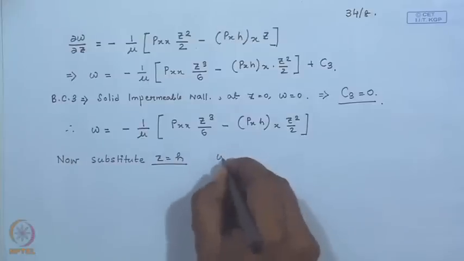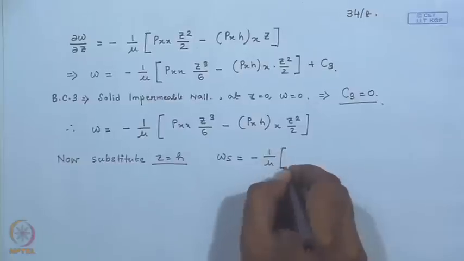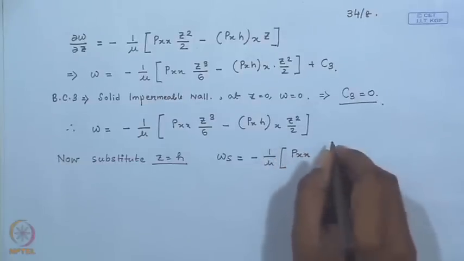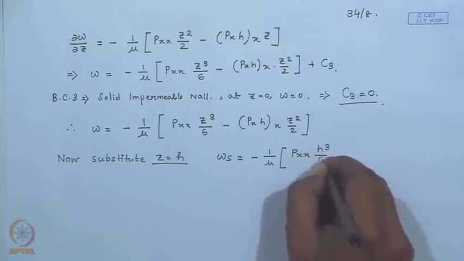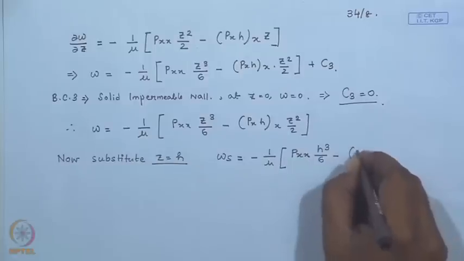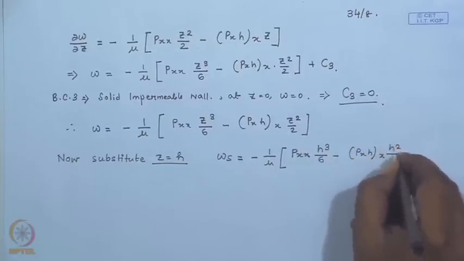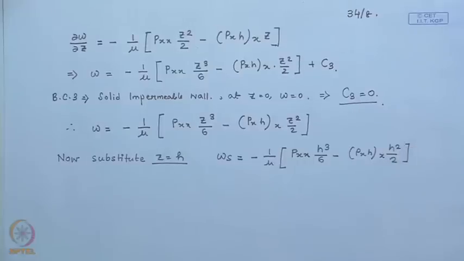You will get an expression of ws, which turns out to be minus 1 by mu into pxx h cube by 6 minus h square by 2.